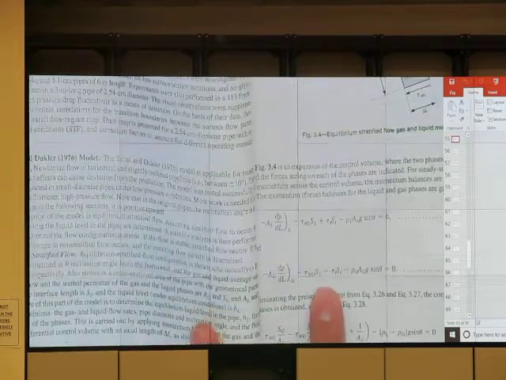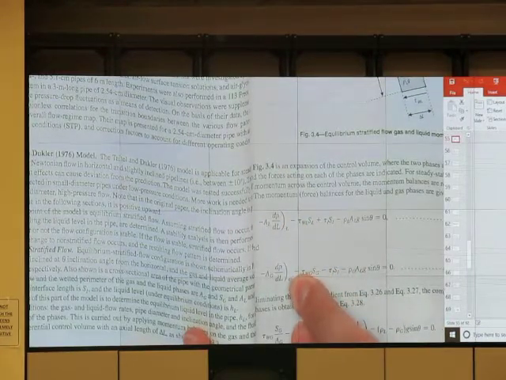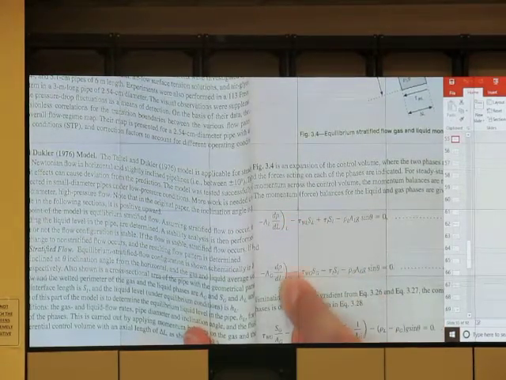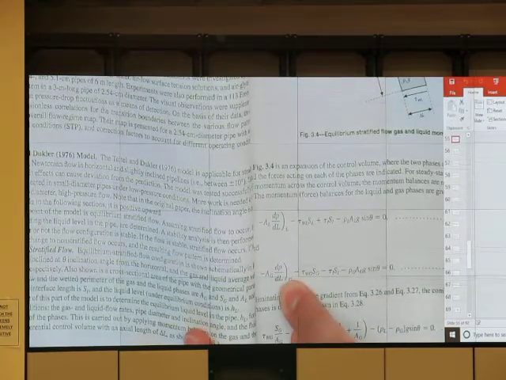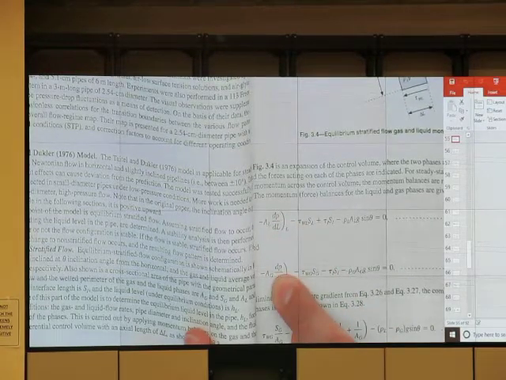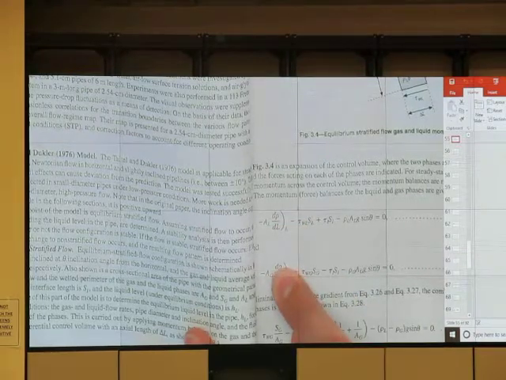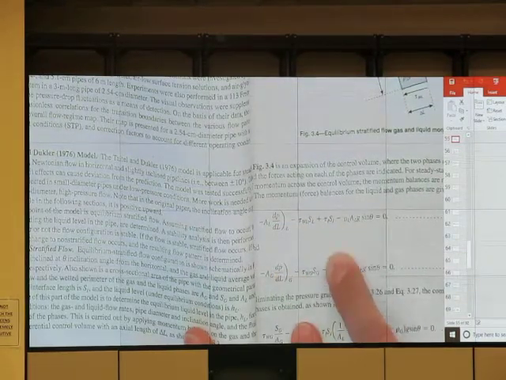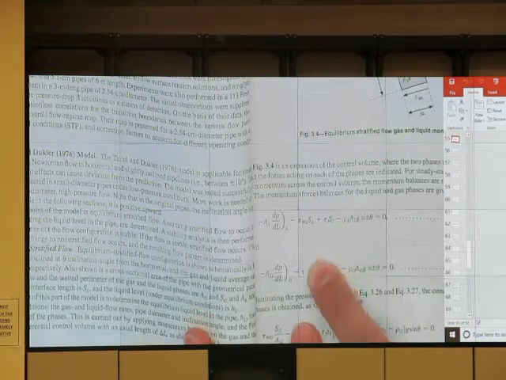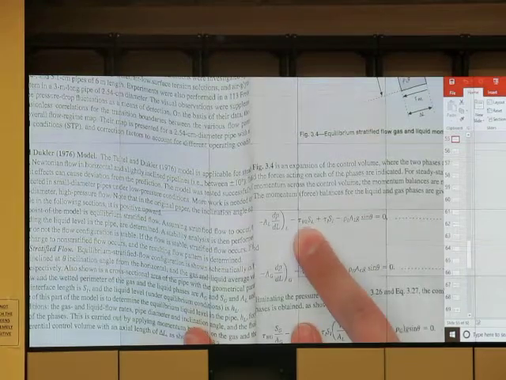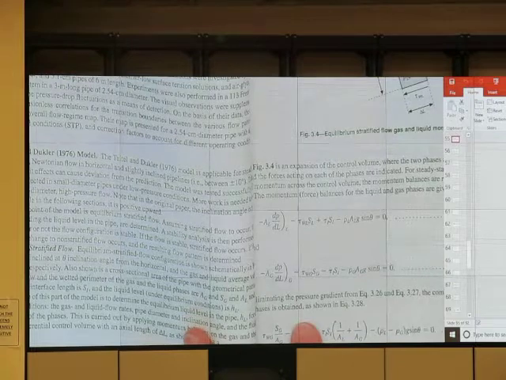Or, look, if you add that equation and that equation together, know that dPdL and that dPdL are the same, right? So AL and AG add together become A pipe. Tau I and tau I cancel each other. So you add those two together, tau LSL, tau GSG, and that term added together.